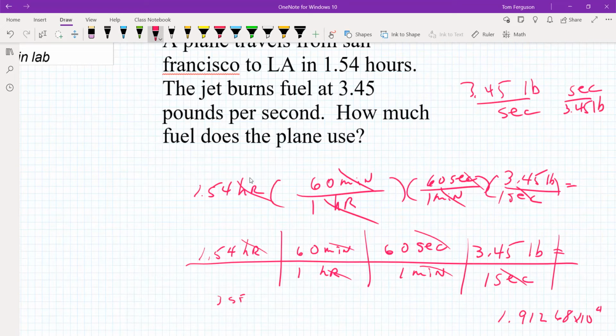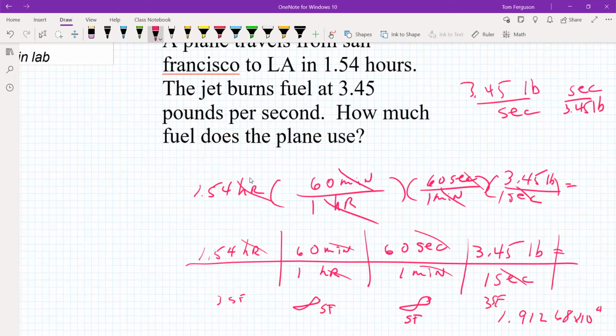3 sig figs. How many sig figs is 60 minutes? Is it 61? It's infinite because it's by definition, okay? By definition, that means it does not come into the calculation. So that's infinite. Same with this. And then this has got 3 sig figs here.